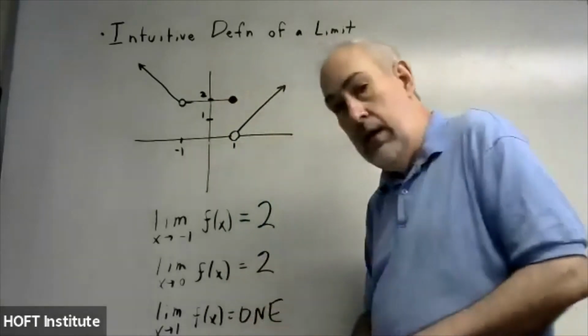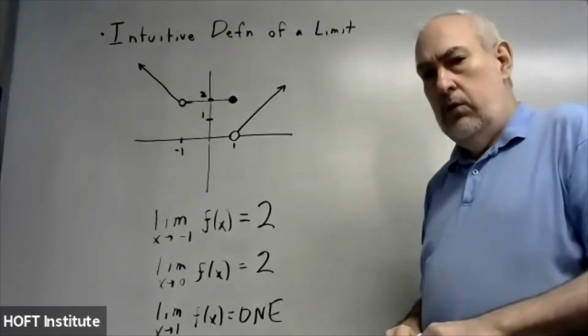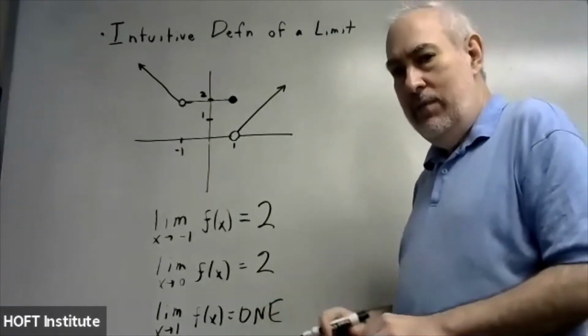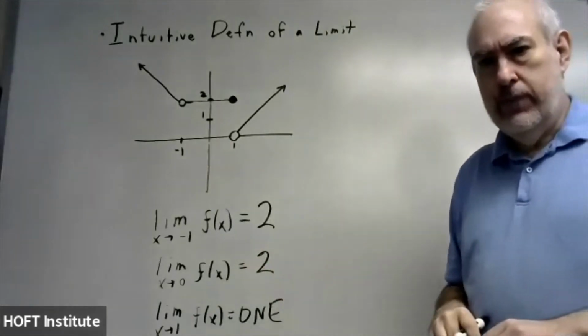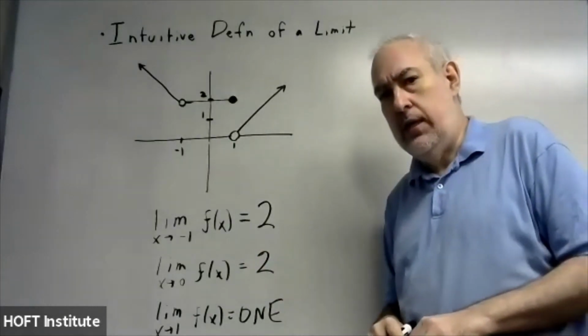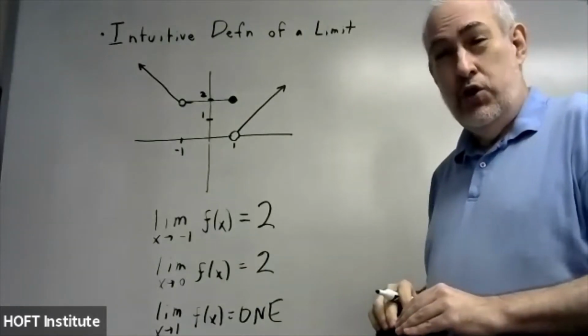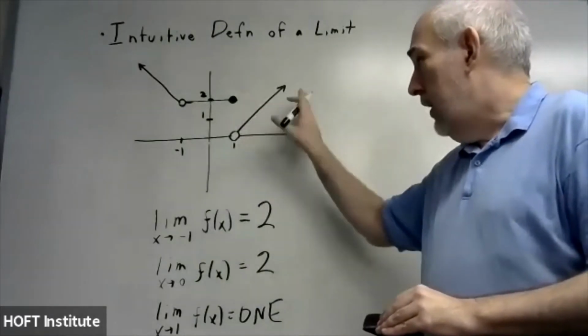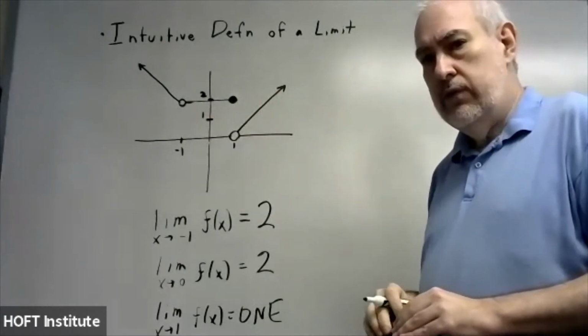I'll abbreviate that with DNE for does not exist. So sometimes these limits break and don't give you any values. And there are a couple of different cases in which that can happen. This being one of them where the graph takes a sudden jump in values as you cross a certain number, and therefore the limit from the two different sides are different.